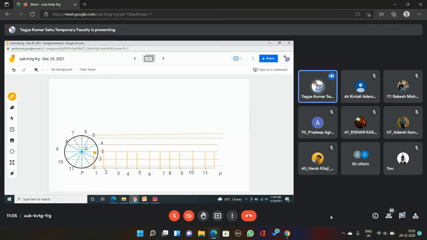It will move by the height of the difference between P and the line drawn from 11. The P will lie on that particular horizontal line passing through 1.